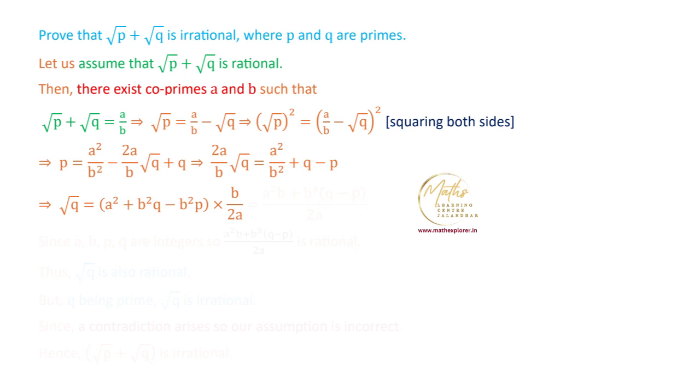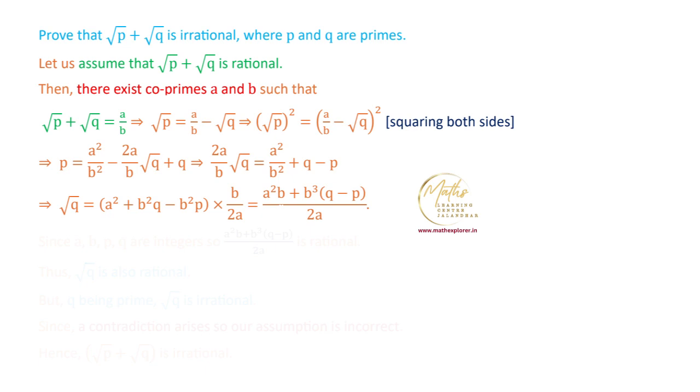Because b is not equal to 0, we can divide this whole equation by b. So we are saying that this value is equal to a square b plus b cube into p minus q divided by 2a.